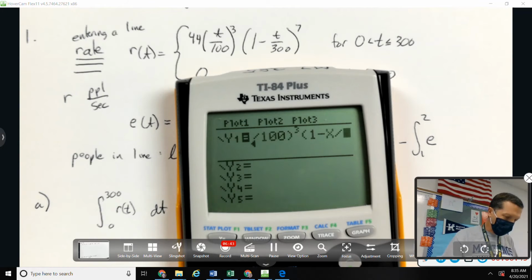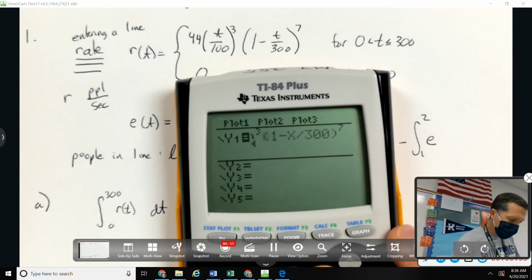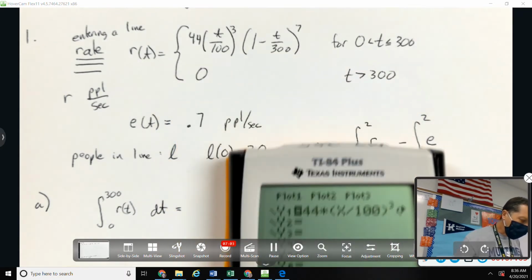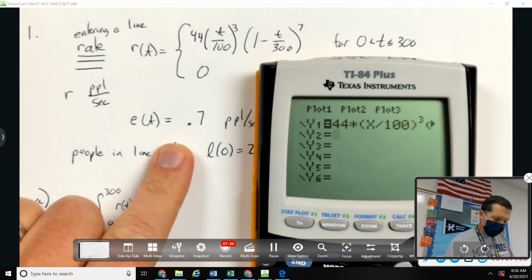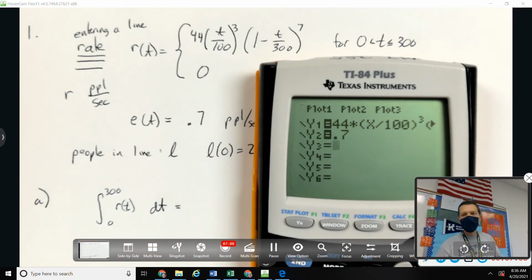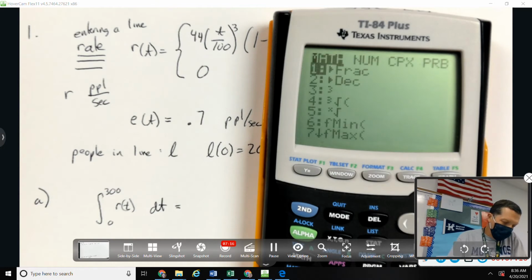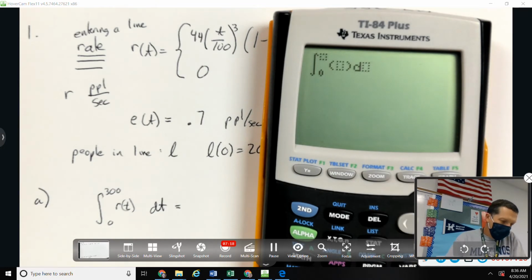I just want to put it in and let the calculator handle it, because that's awful. Cubed and seventh. Let's make sure I did that right. The calculator won't mess up the calculations. It's just if I type something in wrong. I guess I could put Y2 to be E, but that's just going to be a constant 0.7, so that's not really much. At this point, I don't really care about the graph. I just want to do the integral. Math 9, 0 to 300.